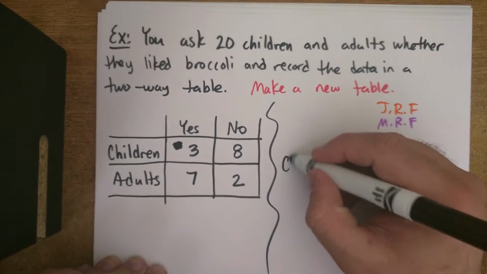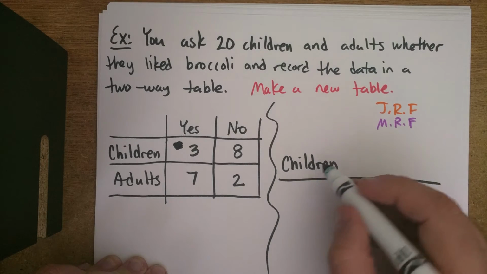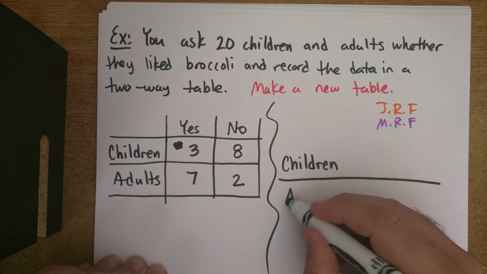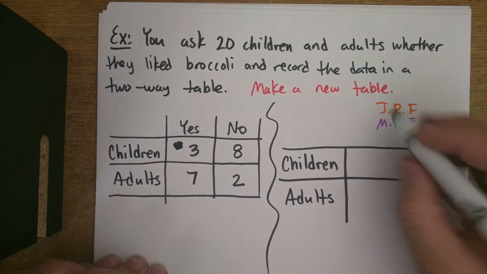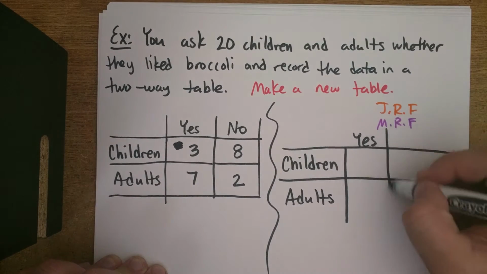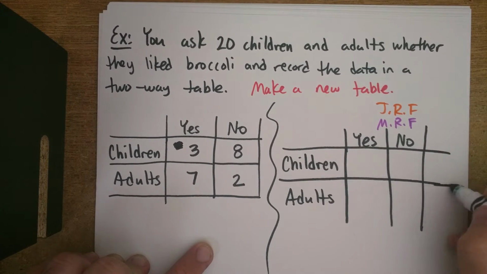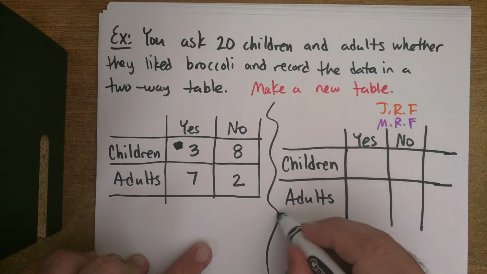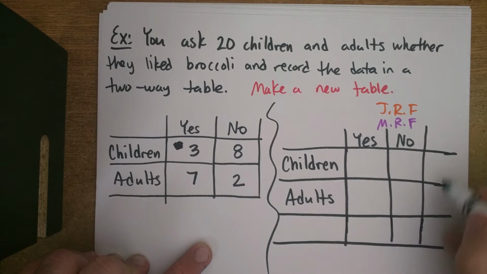We still have a row named children, a row with adults, a column that has yes, and a column that has no. But notice I'm leaving room for a third column and a third row. Okay?